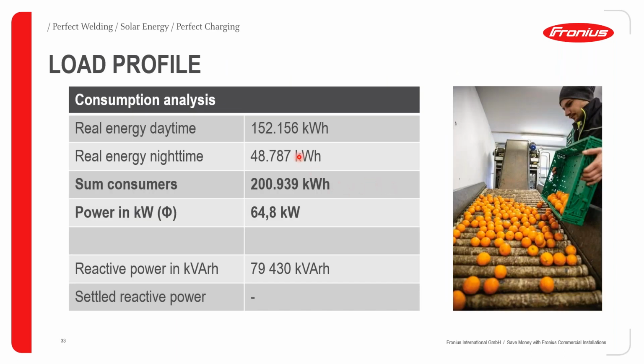So breaking that down, the real energy daytime consumption is 152.156 kilowatt hour, and then the real nighttime energy consumption is 48.787 kilowatt hour. So of course, summing up to about 201,000 kilowatt hour, and then the power consumption is 64.8 kilowatt. So of course, you have the details for the reactive power.